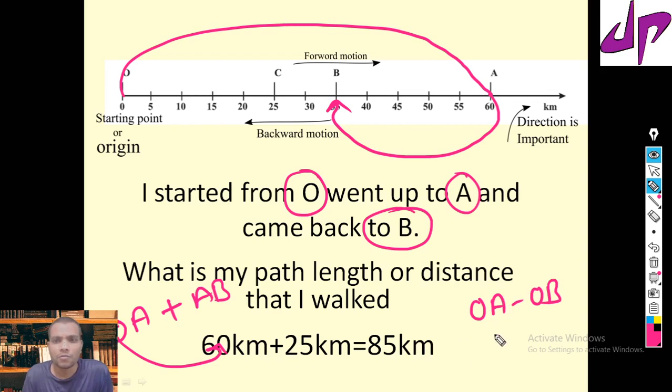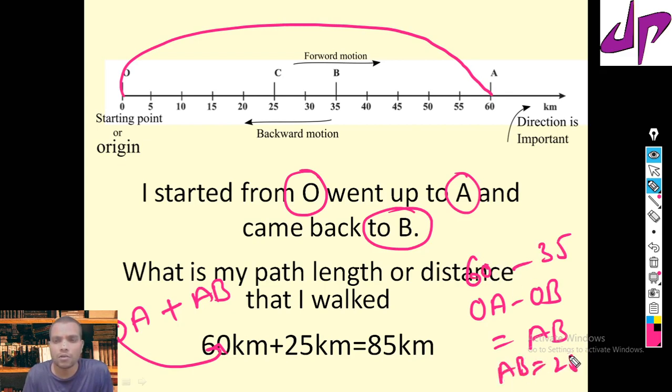If we subtract OB from OA, we get the value of AB. Here OB is equal to 35 and OA is equal to 60. So 60 minus 35 gives AB the value of 25. So the AB value is 25 kilometers.